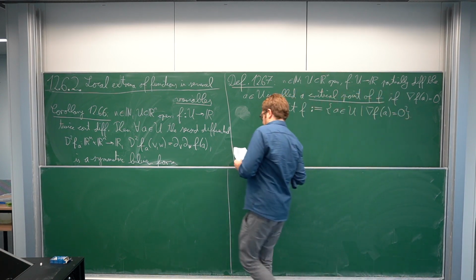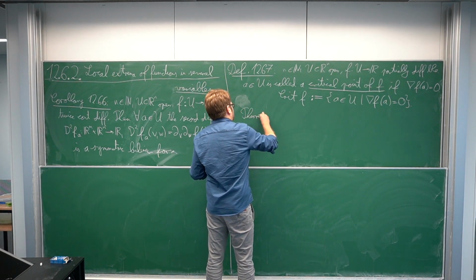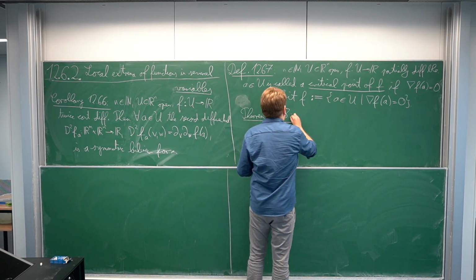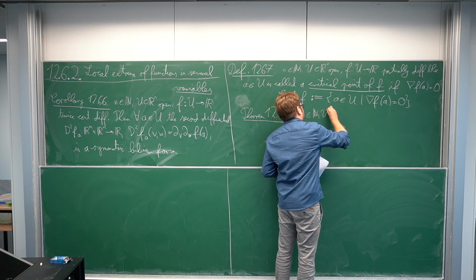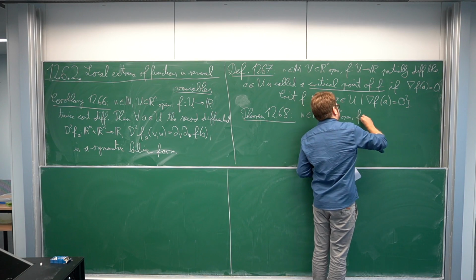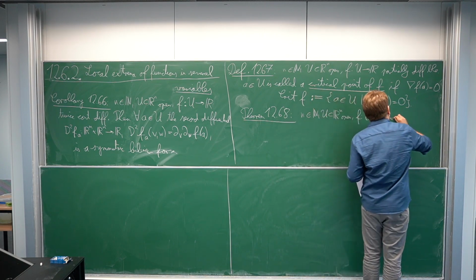Okay, now Theorem 1268. So n in N, U subset R^n open, and f from U to R is again twice continuously differentiable.